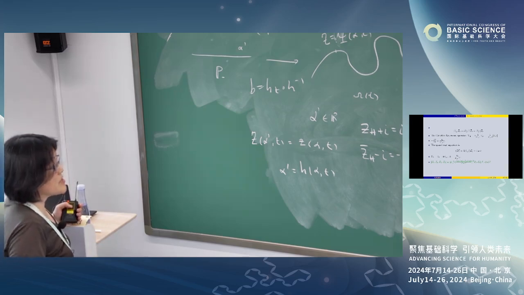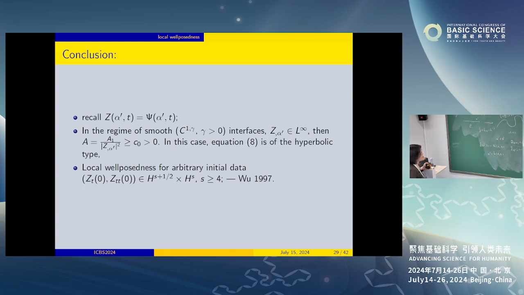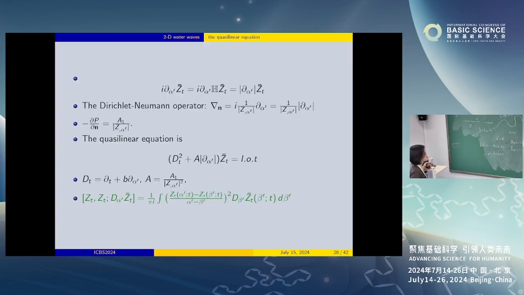So this is the main part, and the quasi-linear equation is this, and this is just a lower order term. So the conclusion is, in this smooth region, because this coefficient has a positive lower bound, the equation is hyperbolic type, okay? And this is how we did the local well-posedness.